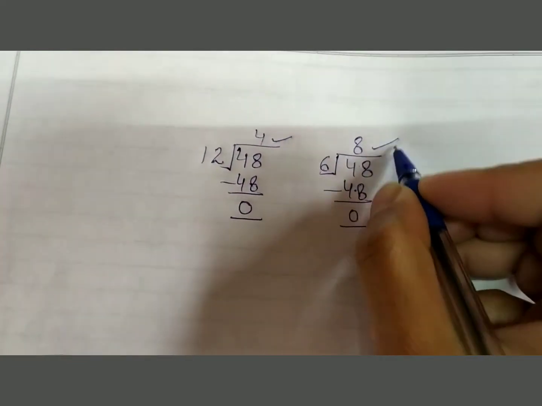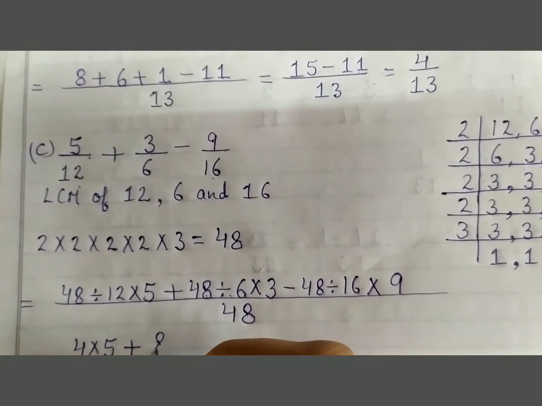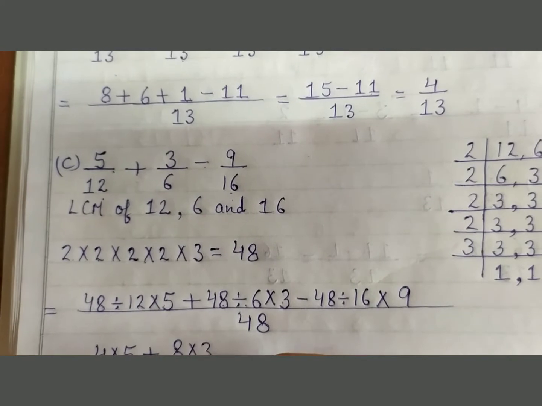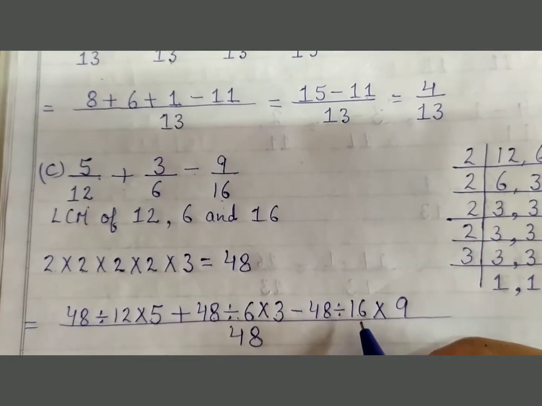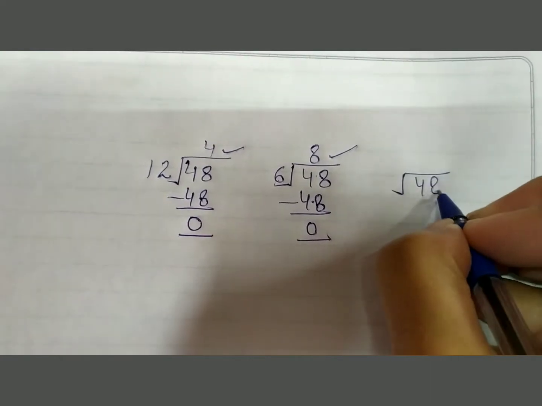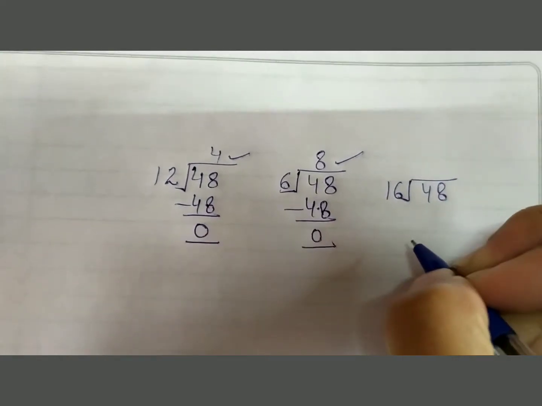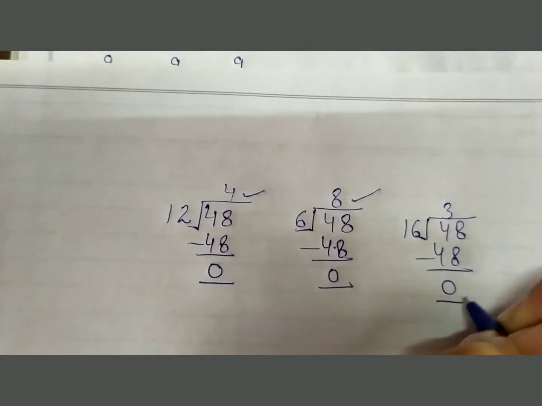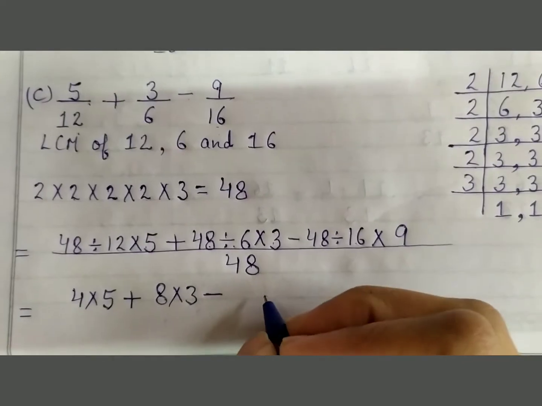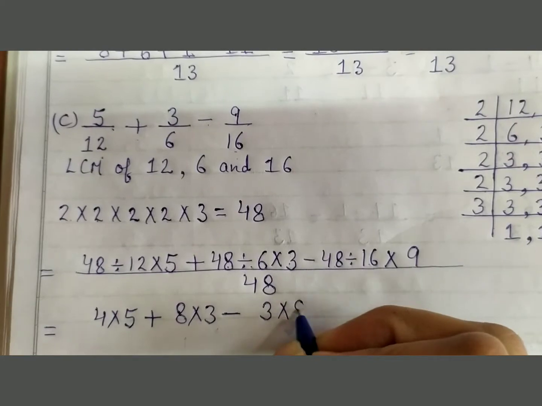Your answer is 8. Write 8. Multiply 3 as it is. Subtract 48 divided by 16. Children, 16 threes are 48. 48 minus 48 equals 0. Answer is 3. Write 3. Multiply 9 upon 48.